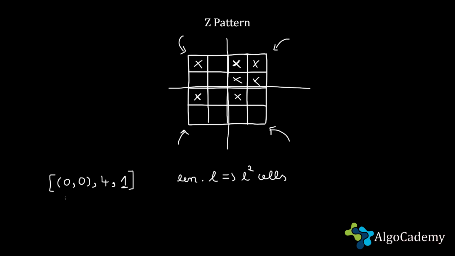Let's take this example, right? The length is 4. If the length is 4, this means that I'm going to have 16 cells in total in this subsquare. This is correct. And if the first value, the smallest one that should be in the subsquare is 1, and all the values are consecutive, right?